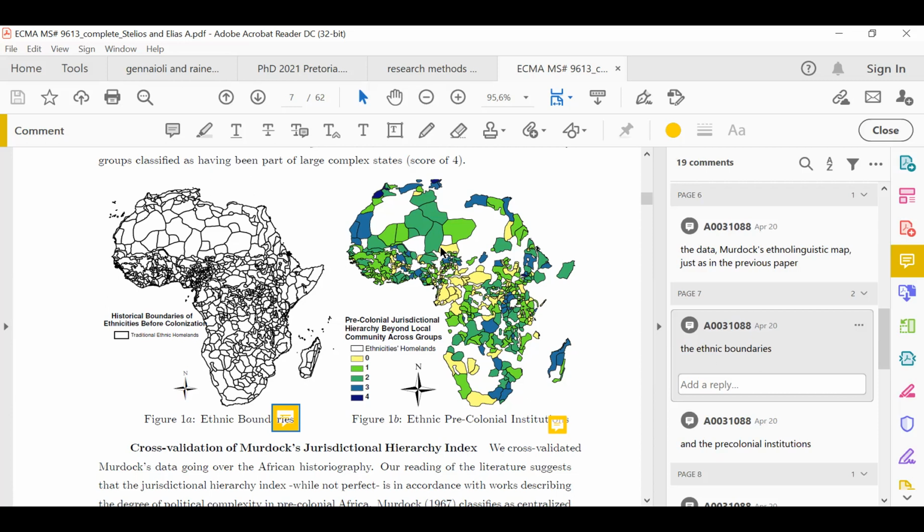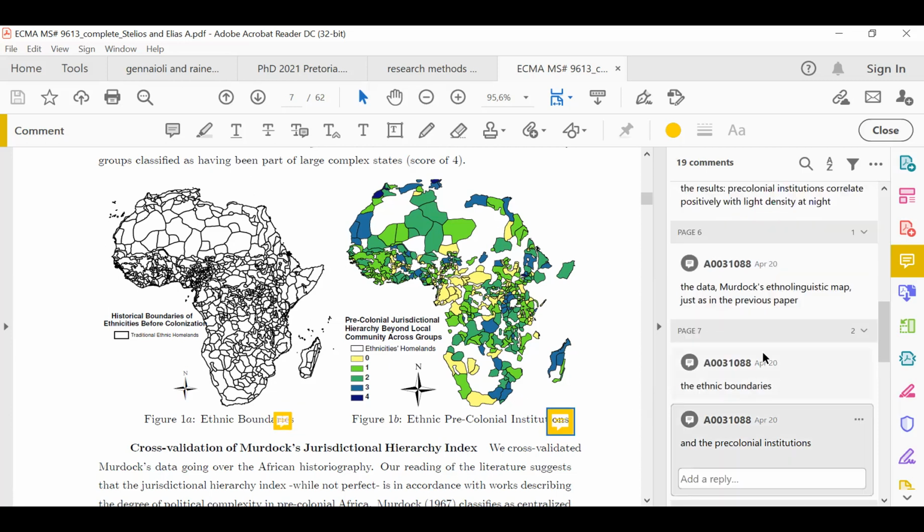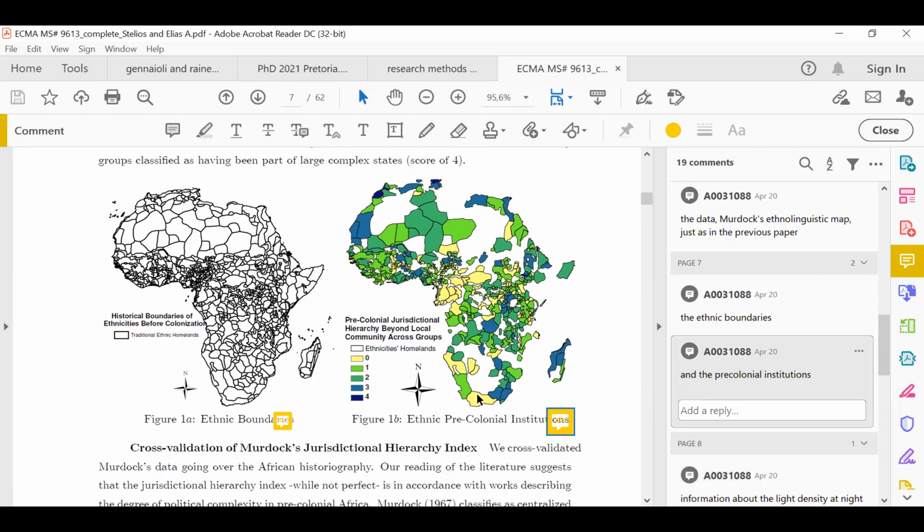And then on the right, we see the same ethnic boundaries, but then they are creating an index, just as in the previous paper, of pre-colonial jurisdictional hierarchy beyond the local community across groups, or ethnic pre-colonial institutions. And you can see that the strong blue is very much in the north of Africa.